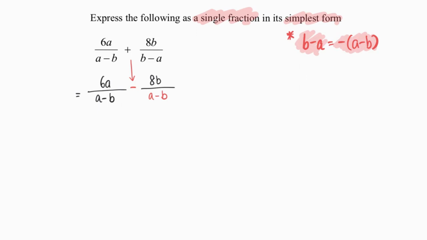We can do this. And therefore, they will both be of the same denominator. a minus b. So I just need to write it down, 6a minus 8b.